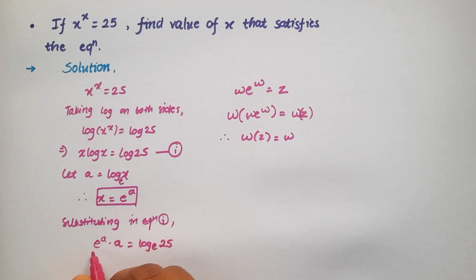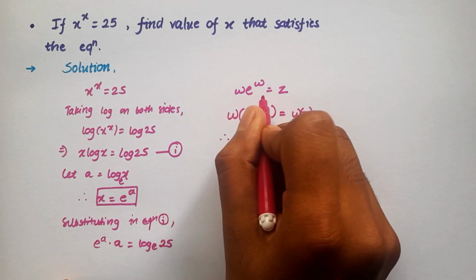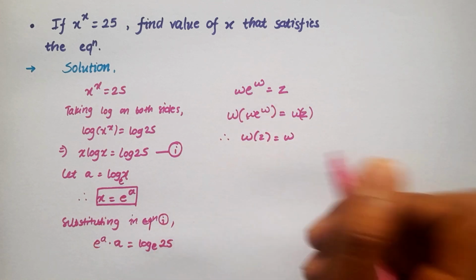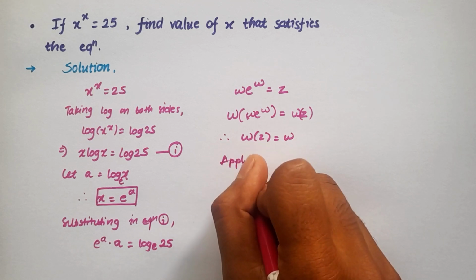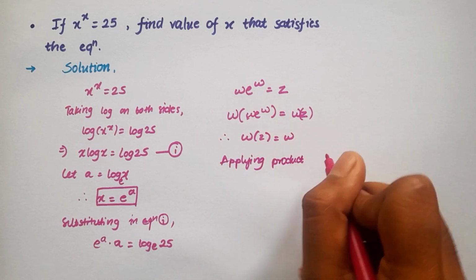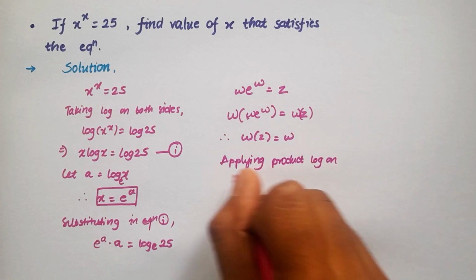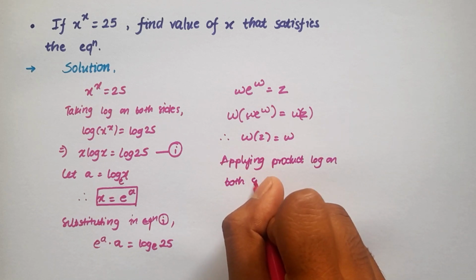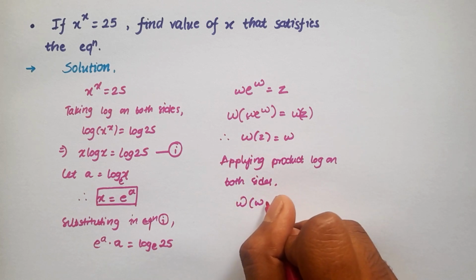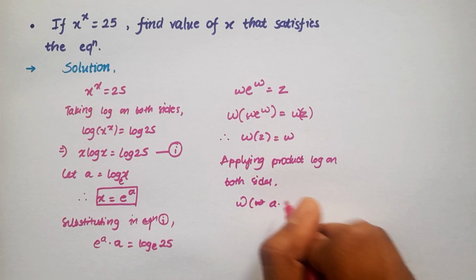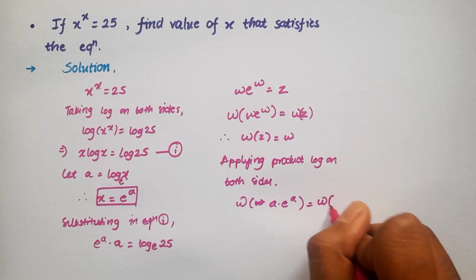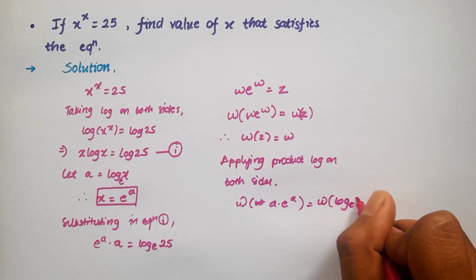So it is already in this form, and I can apply product log on both sides. Then we'll have W of a e to the a is equal to W, or product log, of log e 25.